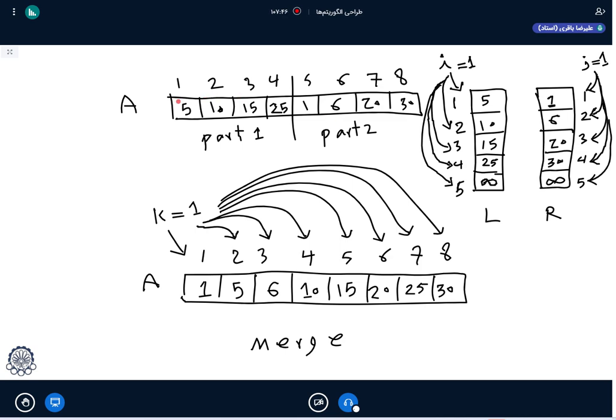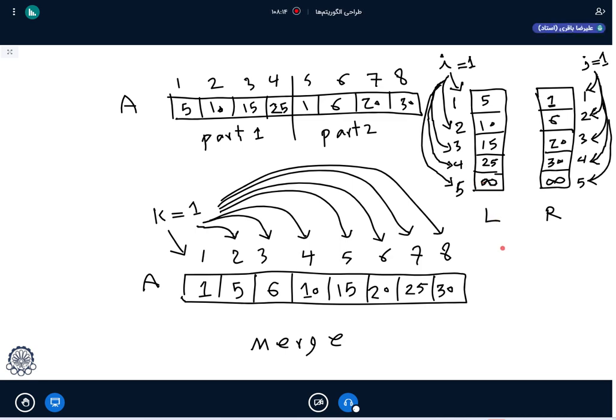For example, if we have integer values, we can put the maximum value that an integer can have as the infinity. So here I mean a very big number, a very big value.